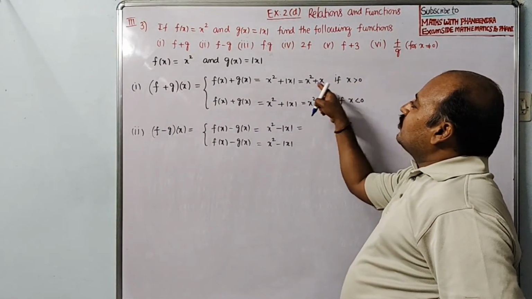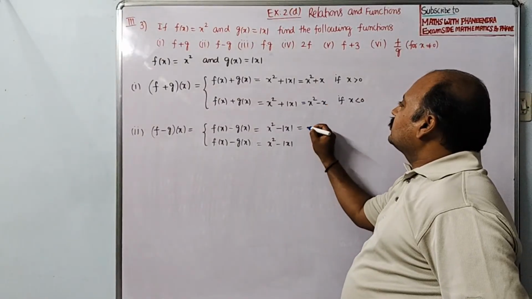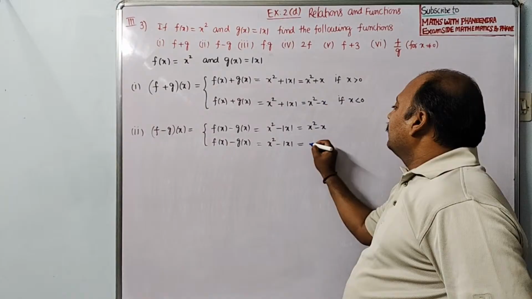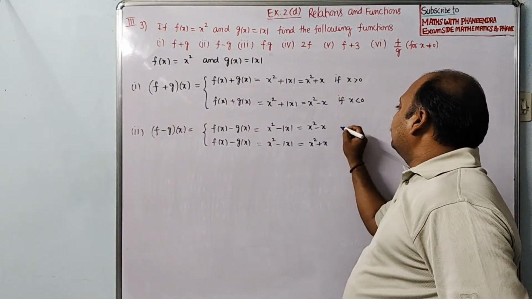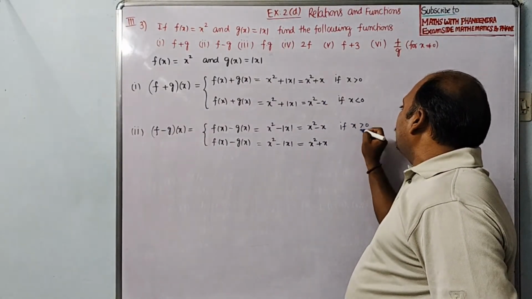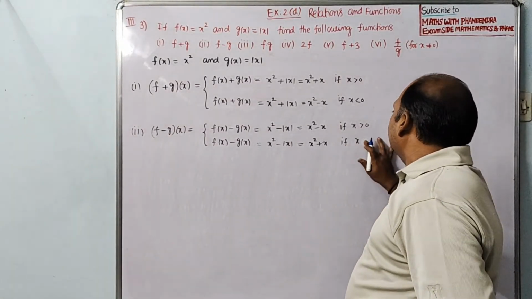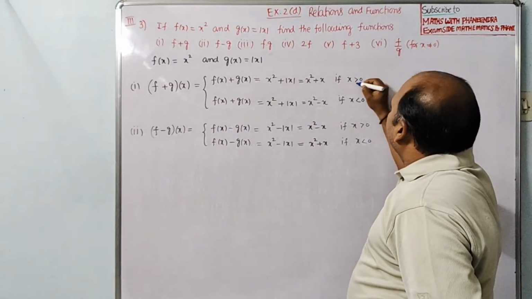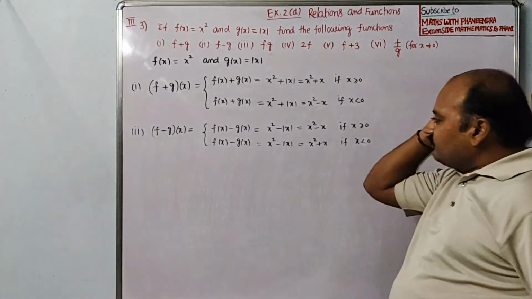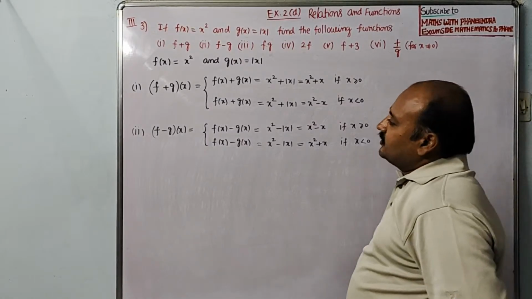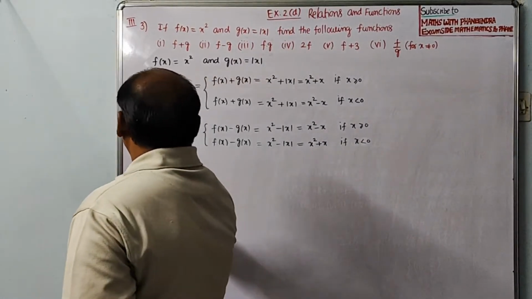When x is greater than 0, mod x will become plus x, no? So it will be x squared minus x. And x squared plus x if x is less than 0. Greater than or equal to, we can write. Next, that also completed.